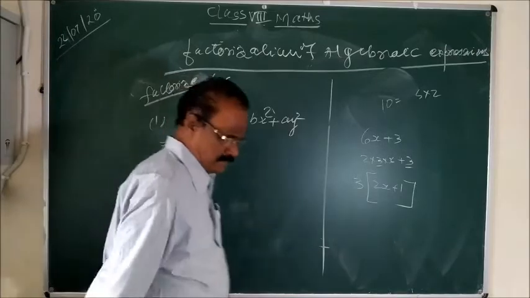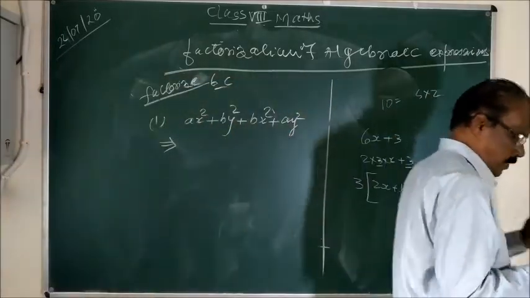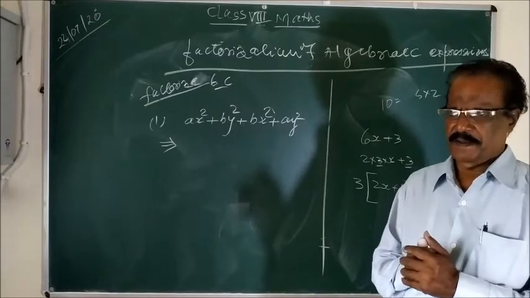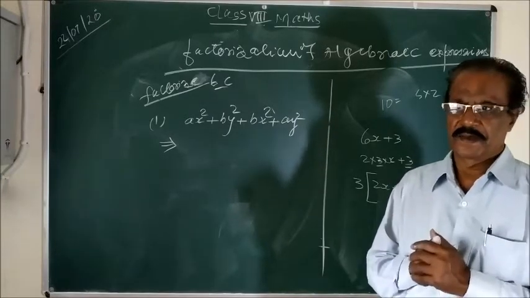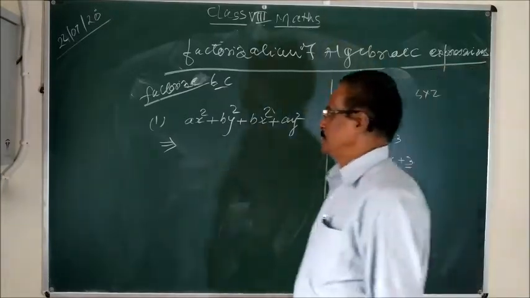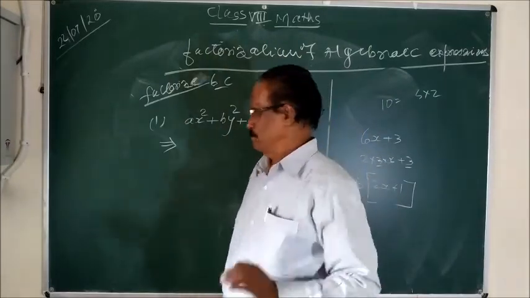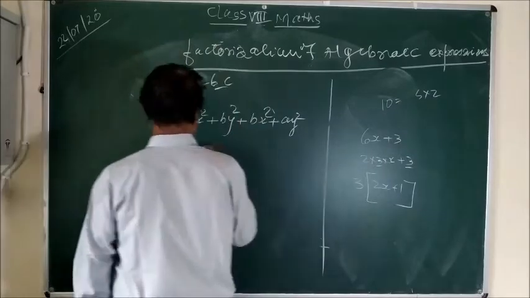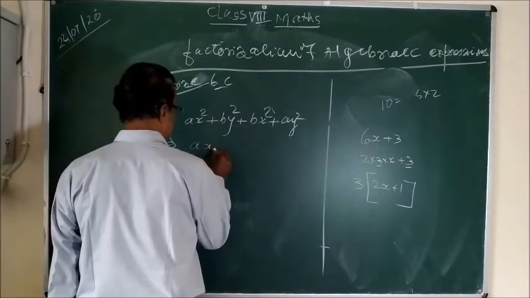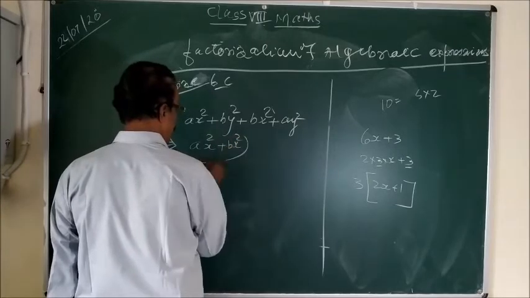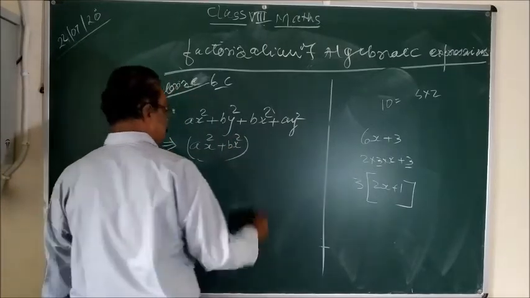First of all, we group two terms together so that something should be a common factor. So we are grouping ax square plus bx square, and now you enclose it in the bracket.